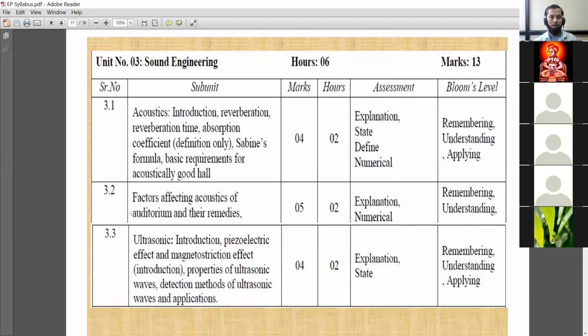That is factors affecting acoustics of auditorium and their remedies. रिमेडीज म्हणजे काय, त्याच्यावरचे उपाय.